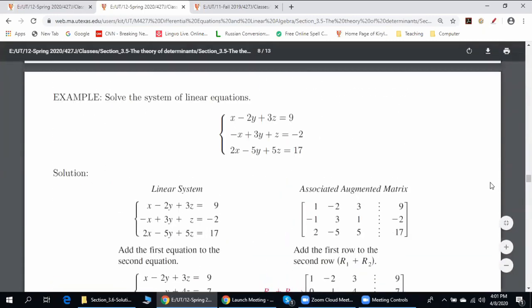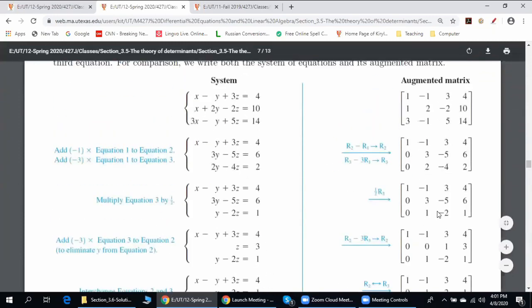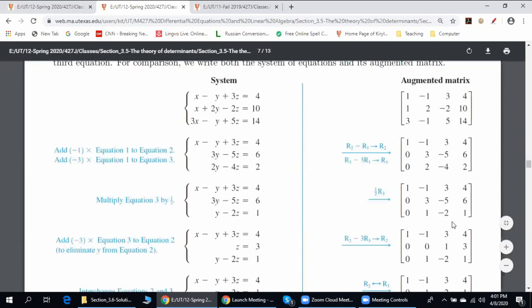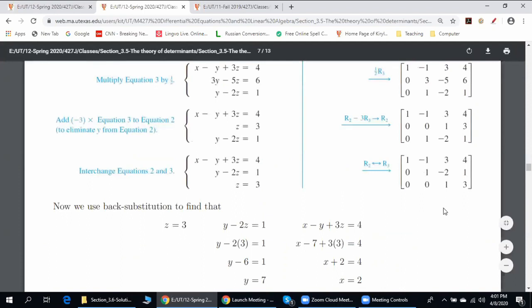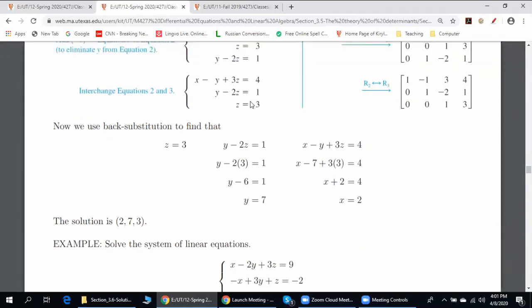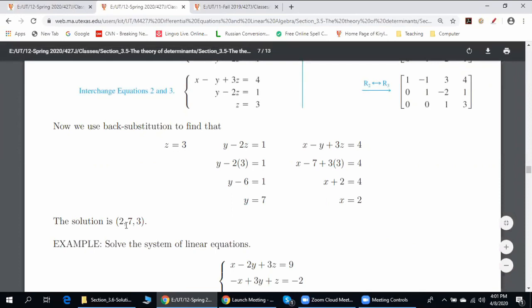First, let me go back to this example. In order to solve this system, step one, we came up with the augmented matrix, and then we applied elementary row operations in order to obtain echelon form. Then we switched to the corresponding system, and in order to find the solution, we solved this system.